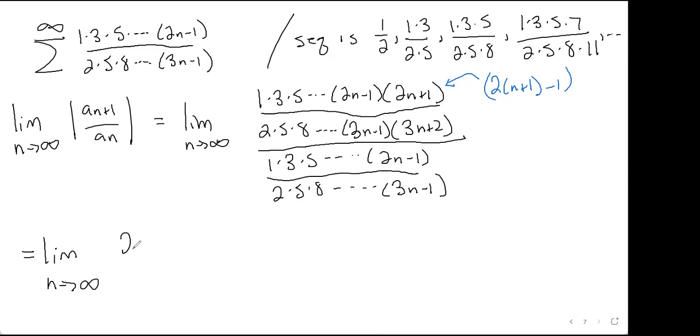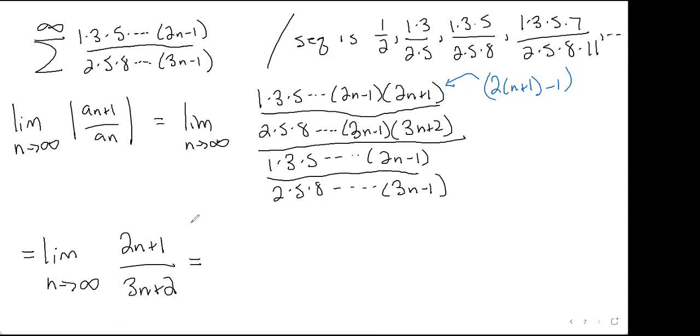So what is left after you flip and multiply and cancel are these extra two factors, 2n plus 1 over 3n plus 2. And then you've done the canceling. This is what you take a limit of.